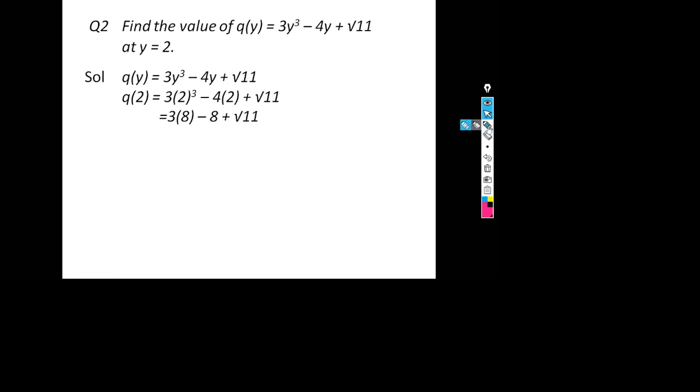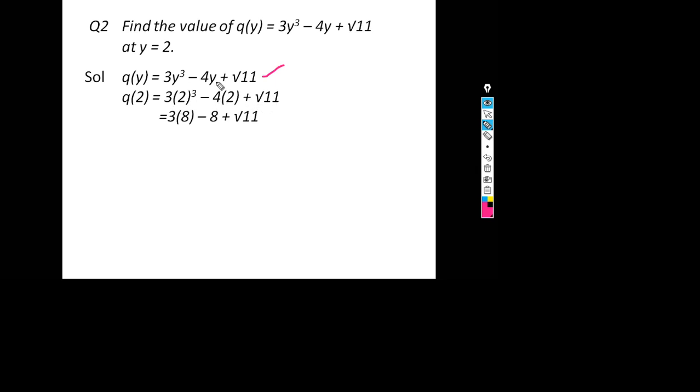You see that the value of y is given as 2, so we substitute 2 in place of y. So we get 3 times 2 cubed minus 4 into 2 plus root 11.